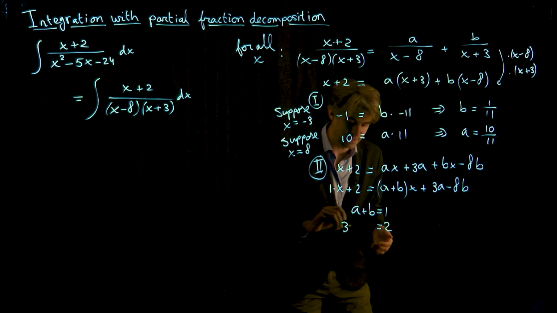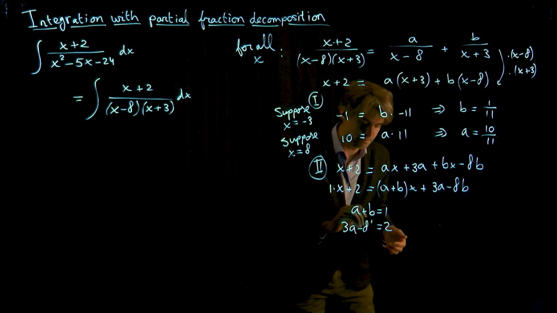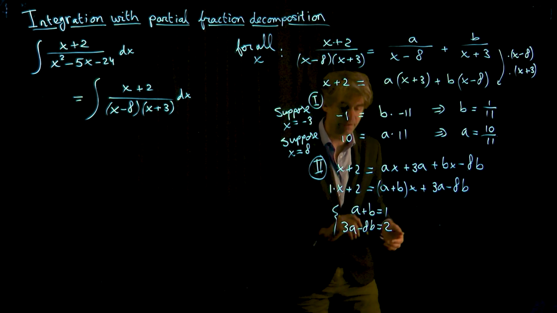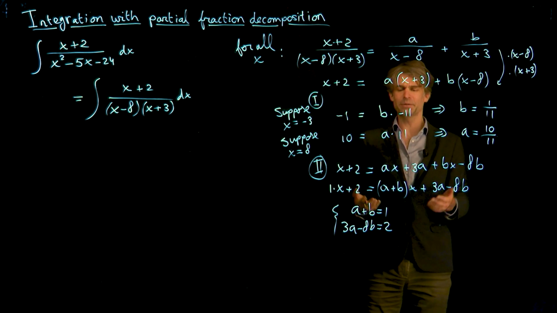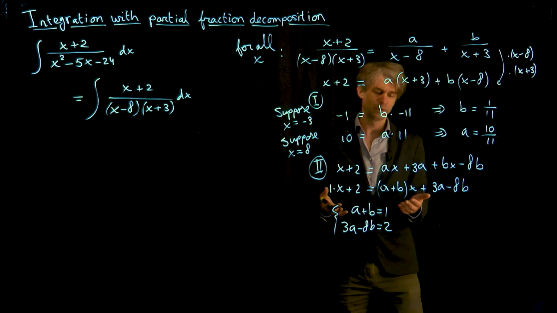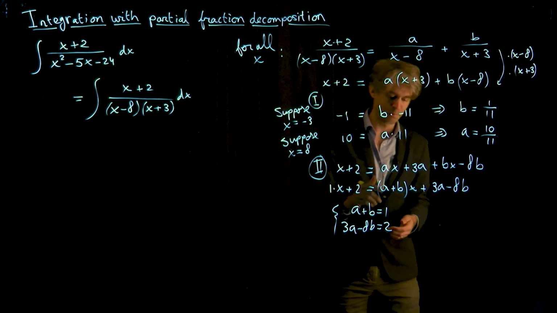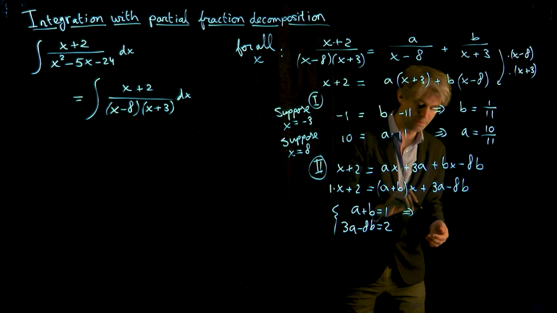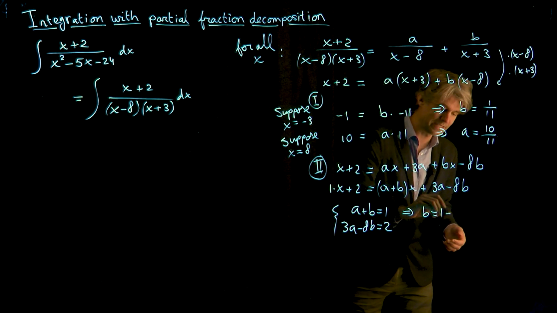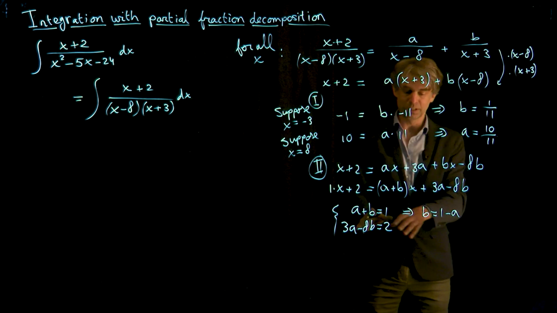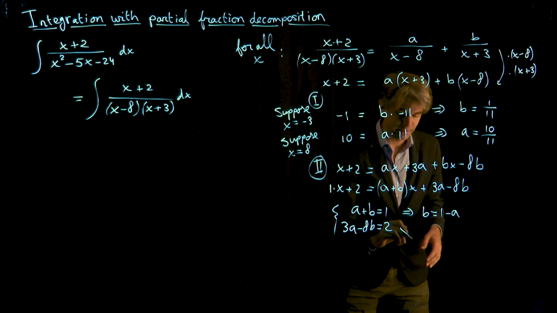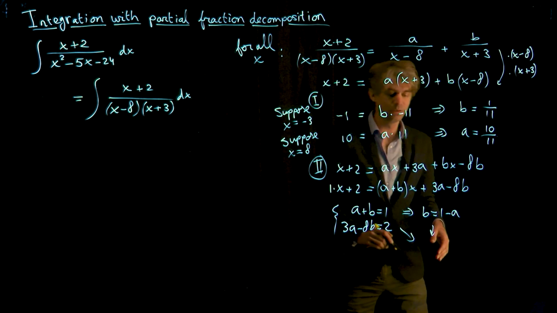I find that a plus b must be equal to 1, and 2 must be equal to 3a minus 8b. And what I have is a system of 2 linear equations which I could try to solve. Now in this case it might be easy to just solve here for a or for b. So let's say b is 1 minus a, and then substitute this in the second equation. So what do I get?